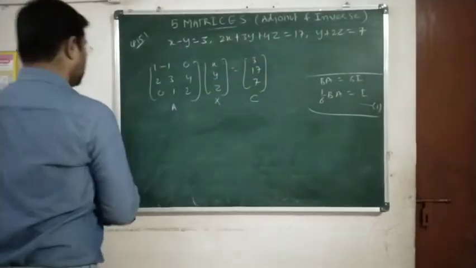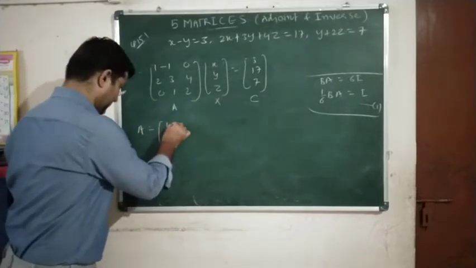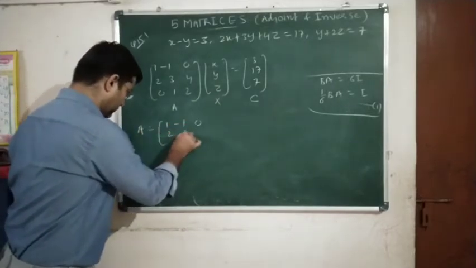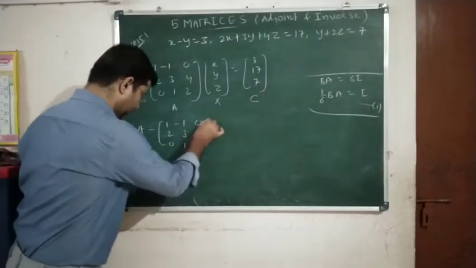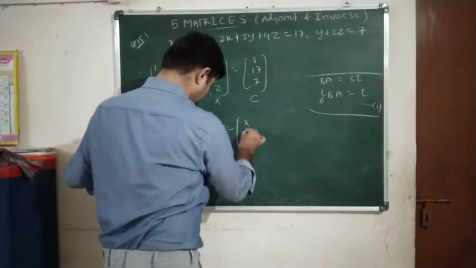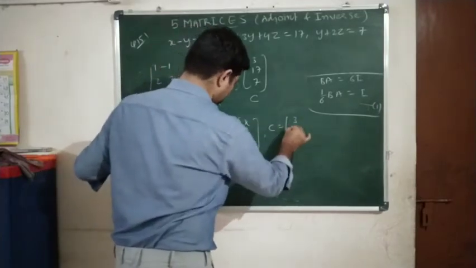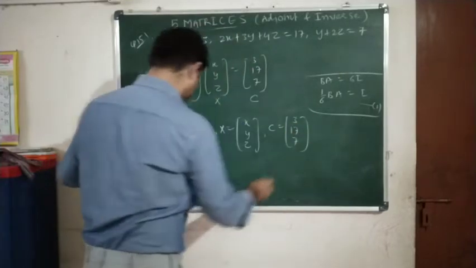Here matrix A is 1, -1, 0, 2, 3, 4, 0, 1, 2. Matrix X is x, y, z and matrix C is 3, 17, 7.